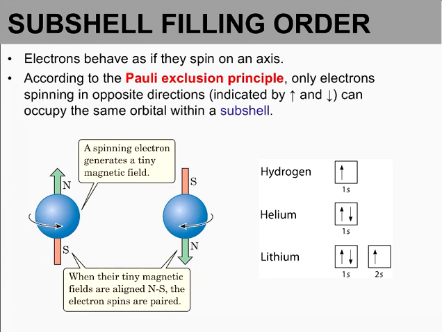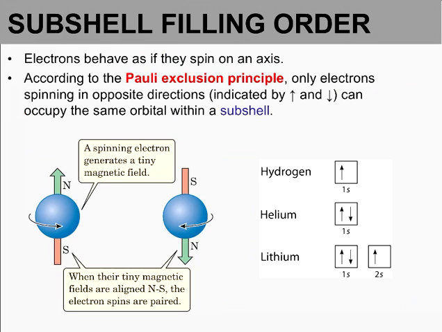Okay, so according to the Pauli exclusion principle, only electrons spinning in opposite directions can occupy the same orbital within a subshell. One interesting thing about electrons is they kind of act like magnets. They do spin as they're moving, and as they spin, they're generating a magnetic force or a current.